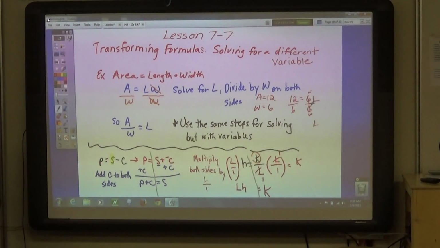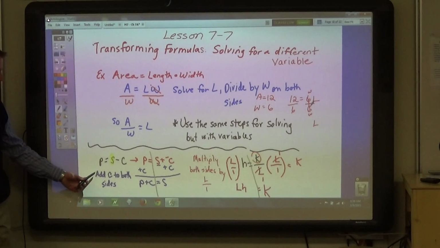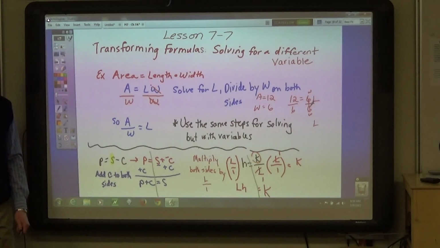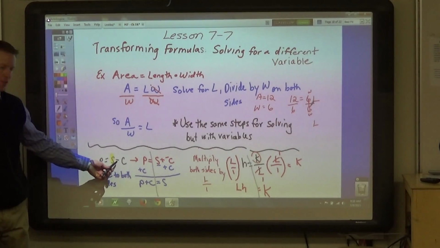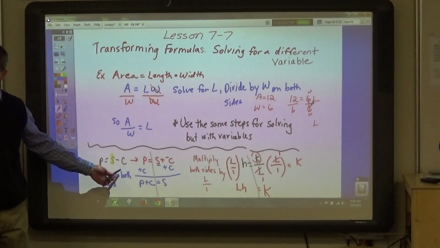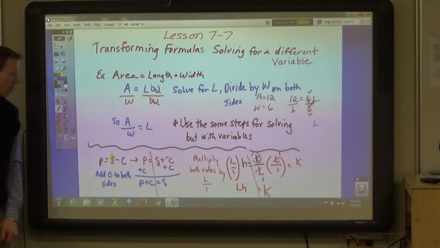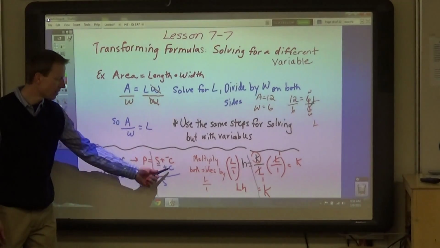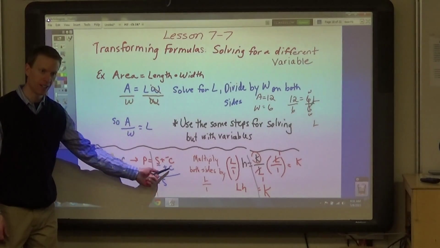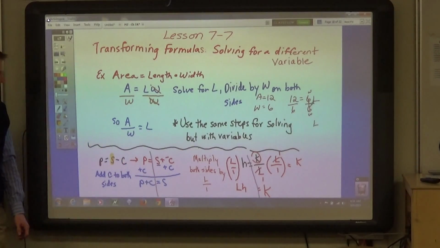In order to solve it for S, if it says solve this for S, then you would want to get rid of the negative c, right? How do you remove the negative c from the right side? Yeah, add its opposite. Add c to both sides.